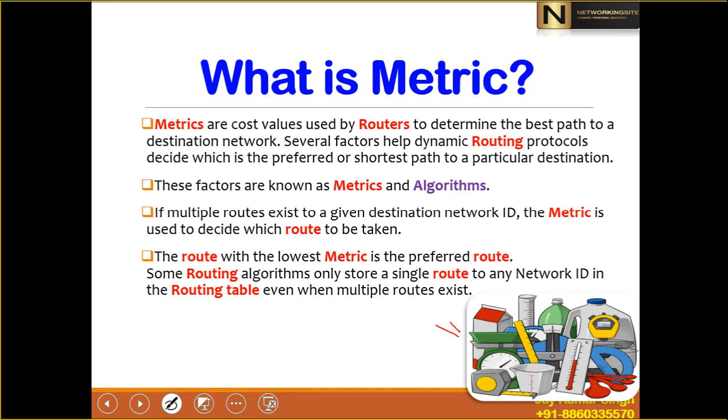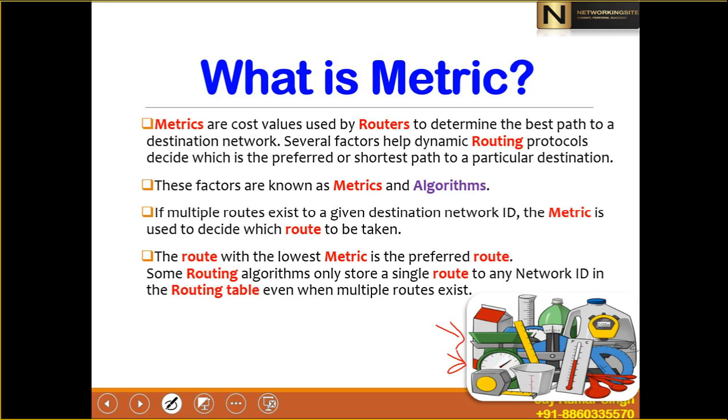Can you see all these objects? All are measurement objects: spoon, thermometer, scale, liter, weighing machines. All are measurement kinds of things, but they are used to measure different objects.